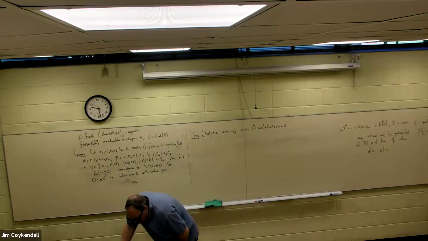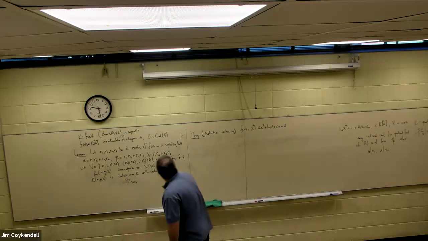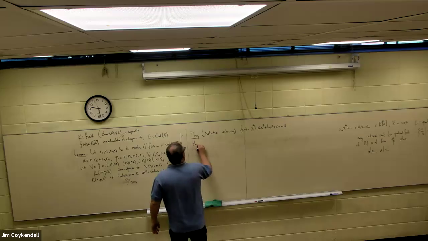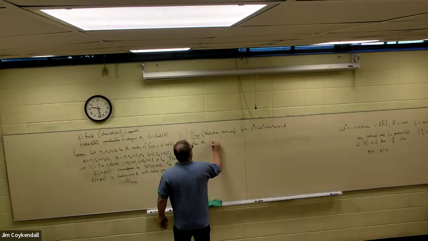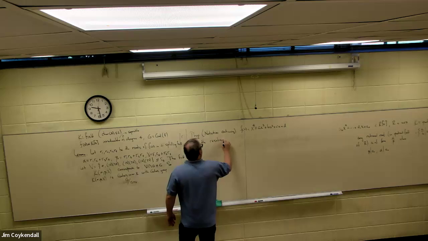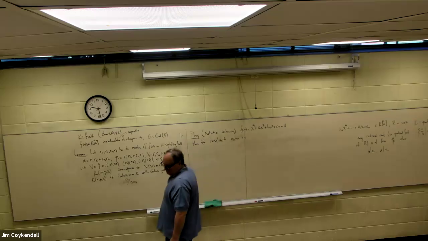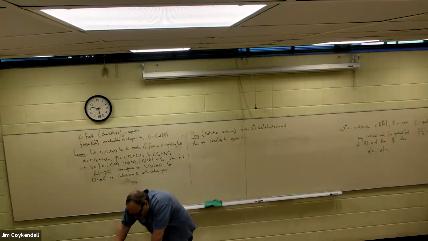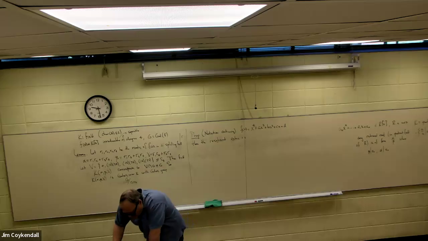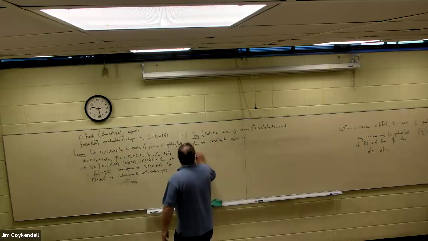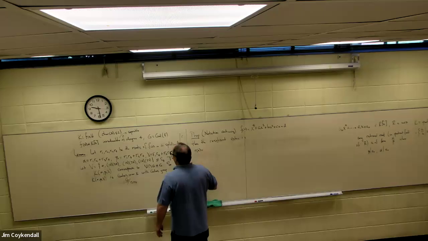The resolvent cubic is r of x. Actually, this will work for any polynomial, whether it's irreducible or not.